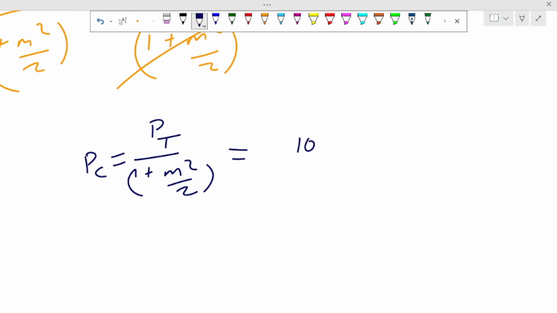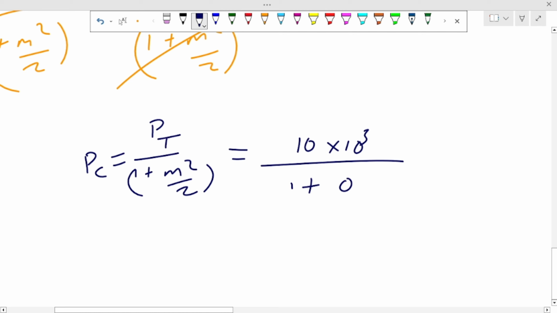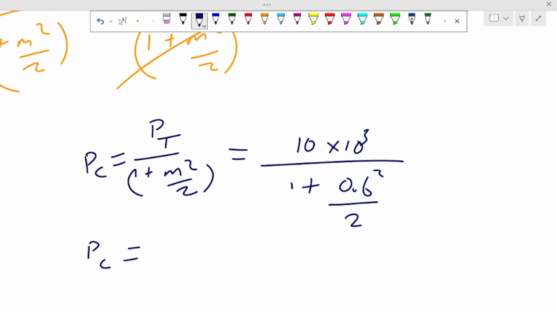Total power is 10 times 10 to the power 3 watts over 1 plus 0.6 to the power 2 all over 2, and this will now give you PC as 8.47 times 10 to the power 3 watts.